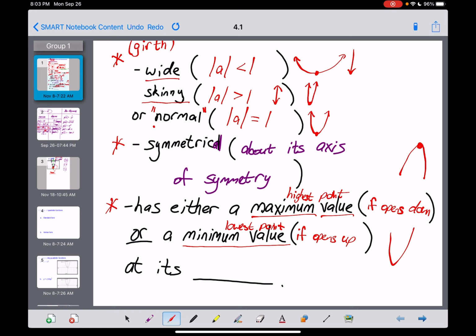That's what we just drew a second ago. There would be your minimum value, but in either case, that maximum or minimum occurs at what we call the vertex of your parabola. If you didn't learn it in chapter 2, the vertex is where the two rays of your absolute value graph came together. We absolutely need to know that definition here within the context of chapter 4.